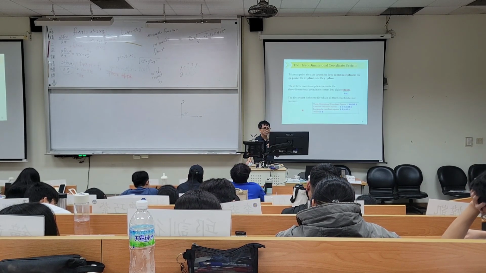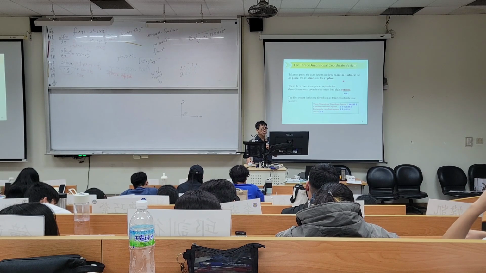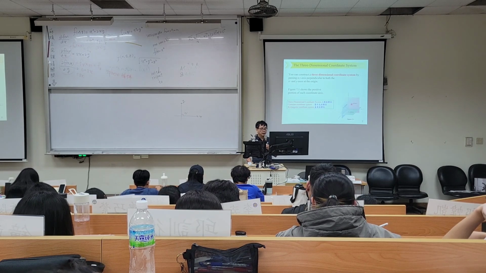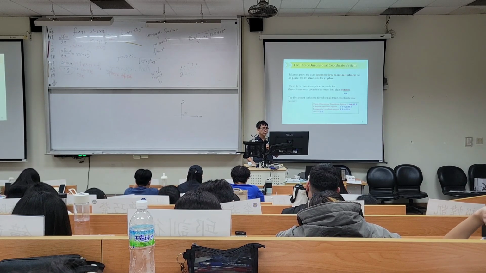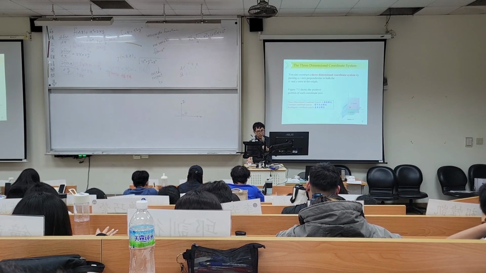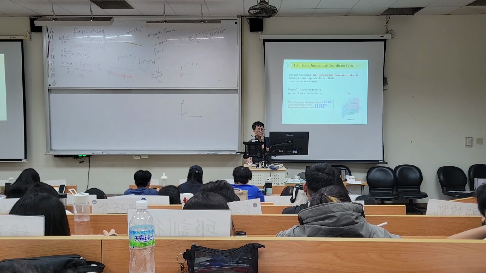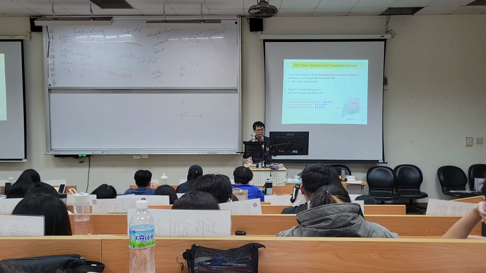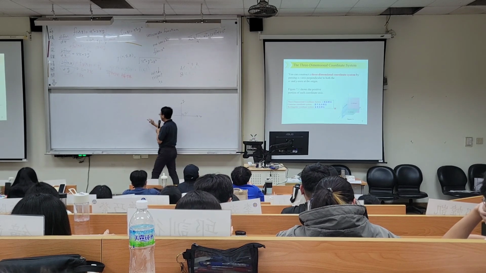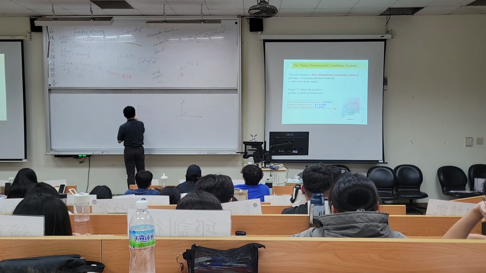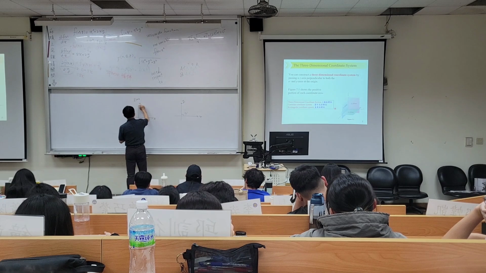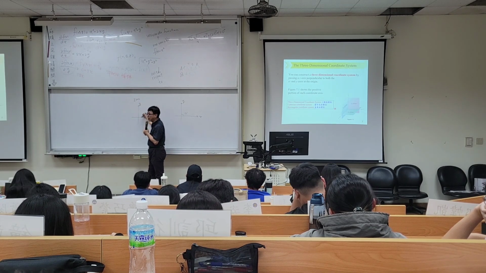So the three-dimensional coordinate system has these three planes: xy plane, xz plane, yz plane. When z is positive, you look at x and y, so there will be four quadrants.